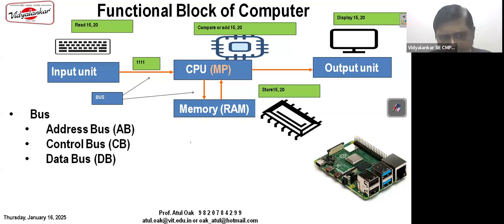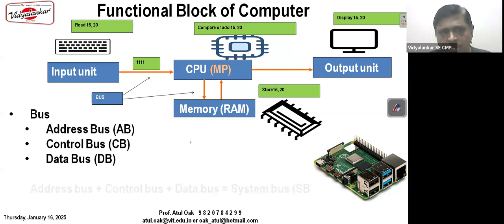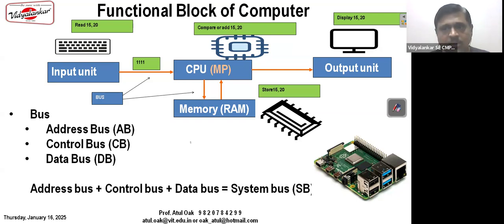Like I said, we will understand the function of these buses, the address bus, the control bus, and data bus. And the combination of these three buses is called the system bus. So address bus with control bus with data bus, we call the system bus. So what you see here is a system bus. This is a system bus.